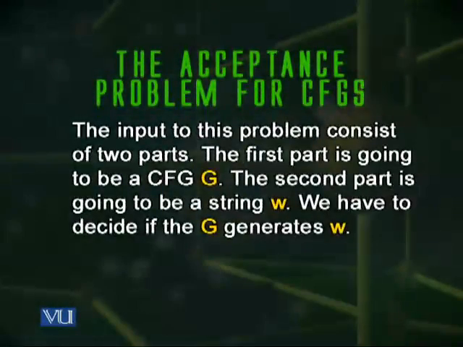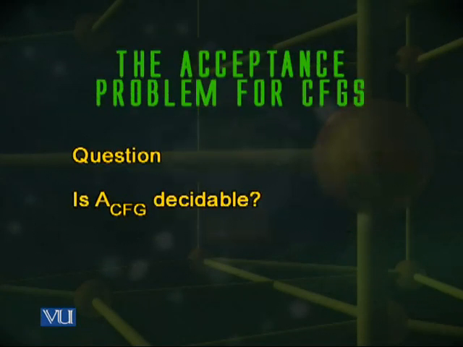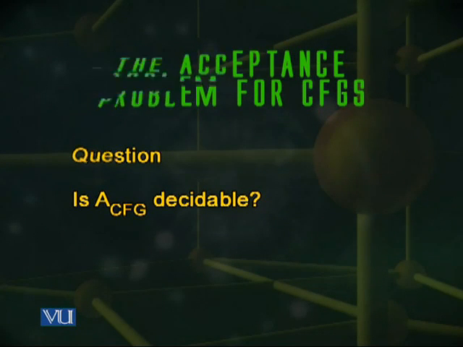The input to this problem consists of two parts. The first part is going to be a context-free grammar G, and the second part is going to be a string W. We have to decide if the grammar G generates W. And we want to show whether this language ACFG is decidable.